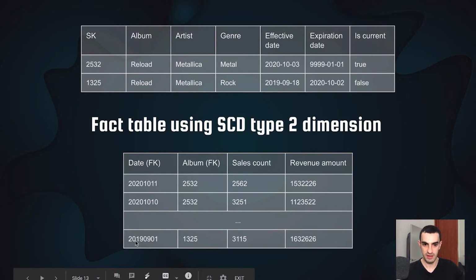So if in September 2019, before the update, the original was this key, the key that refers to the row with Metallica having the genre as rock. In October of 2020, it's already the new updated row, so we refer in the foreign key to the new row.